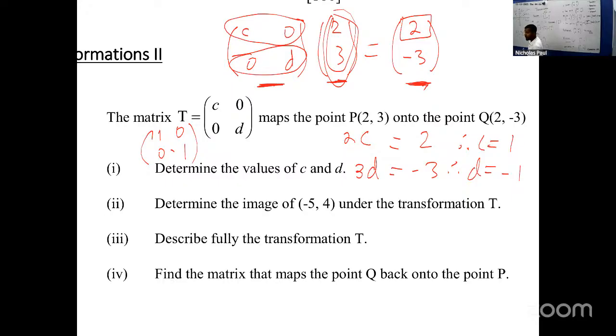Use the whole matrix, right? (1, 0; 0, -1). The good or bad thing about this is it doesn't always come. It might come in Jan, you might see it in June.